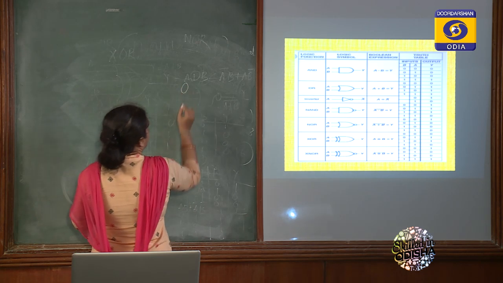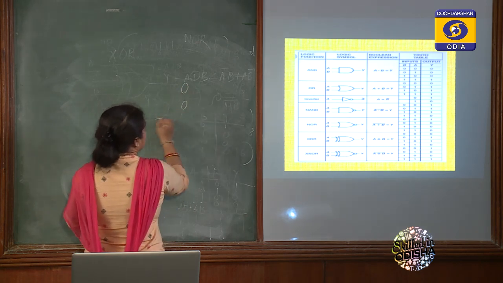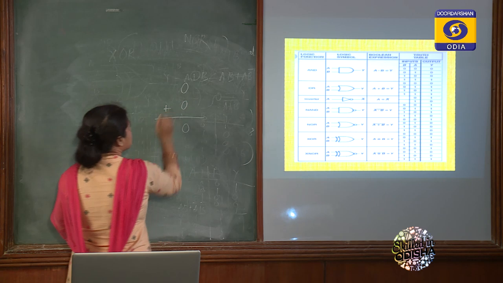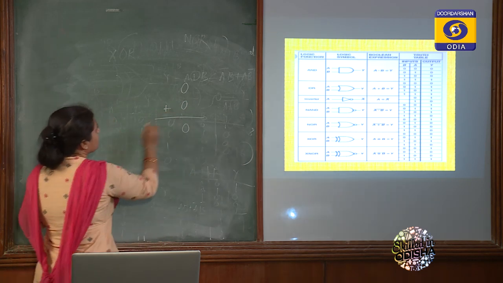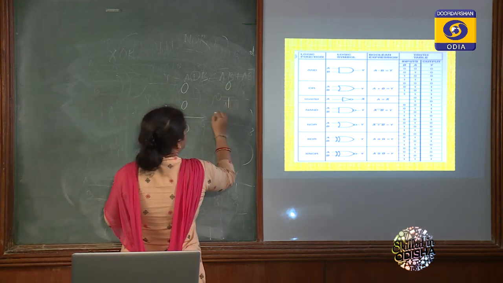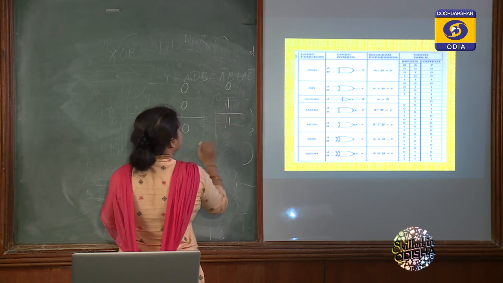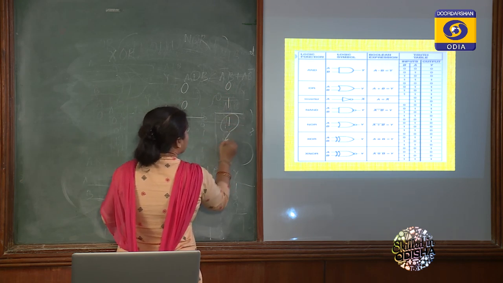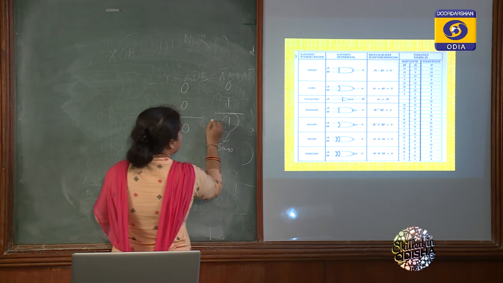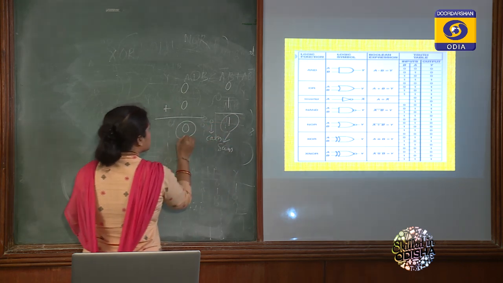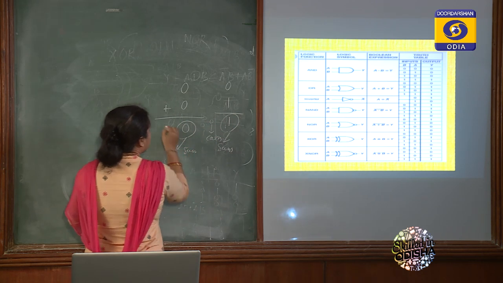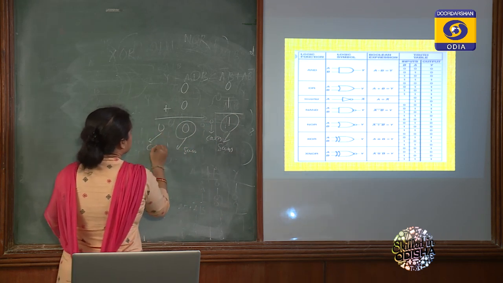Suppose we add 0 and 0. So here we will be getting 0. This is simple addition. If we add 0 plus 1, then we will be getting 1 here. This 1 is the sum and 0 is the carry part. Similarly, this one is the sum and 0 is the carry part.